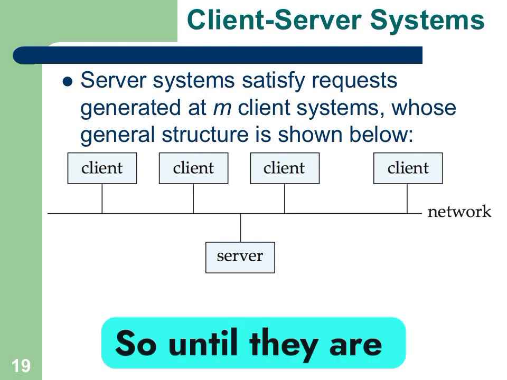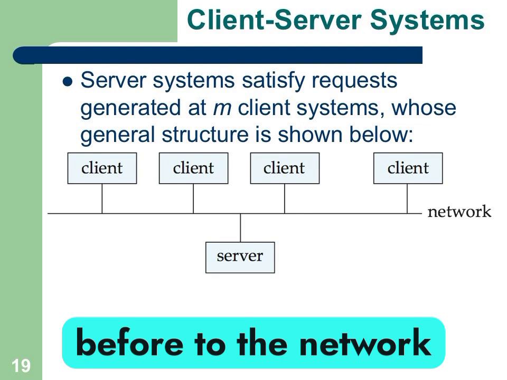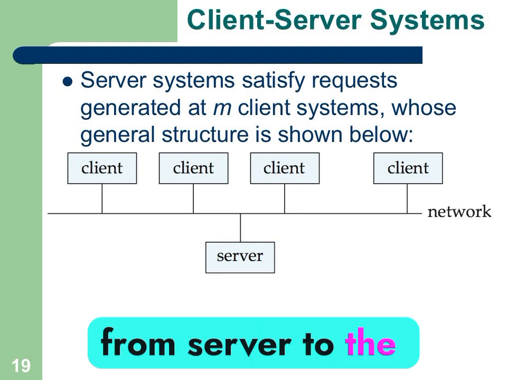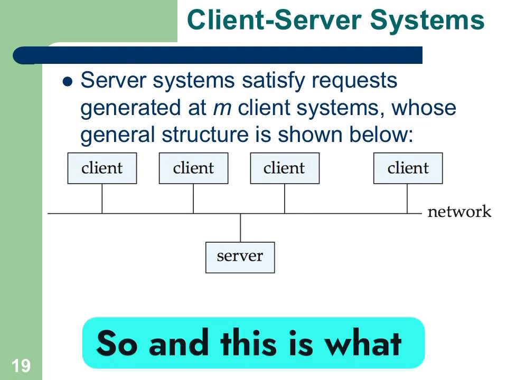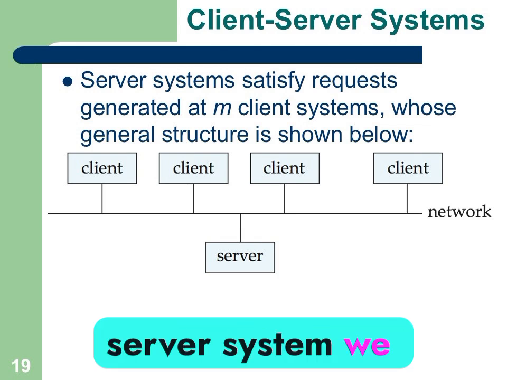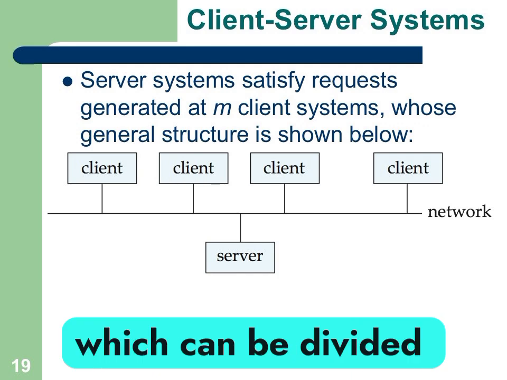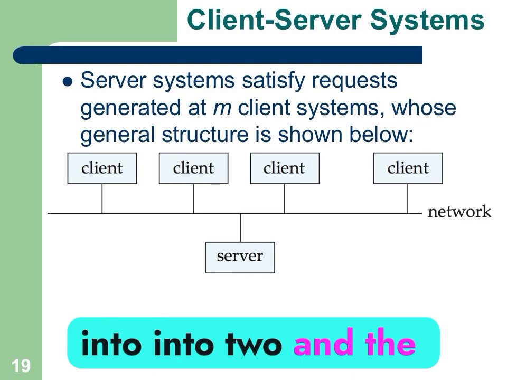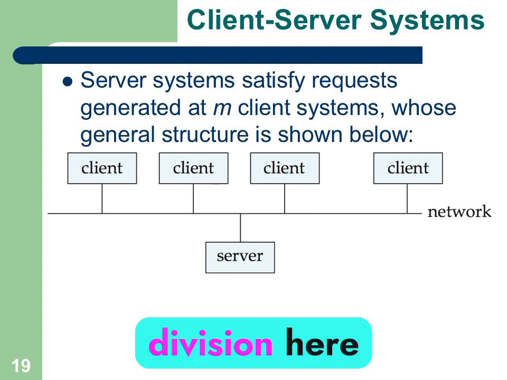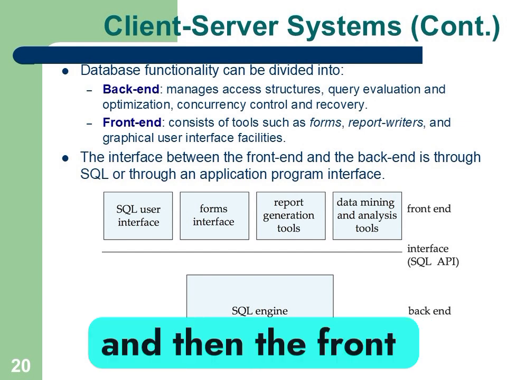If they are sending information, it first moves to the network before the server, and from the server to the network, then to the client. And this is the client server system also. In this client server system, we have what we call database functionality, which can be divided into two: the back end and the front end.